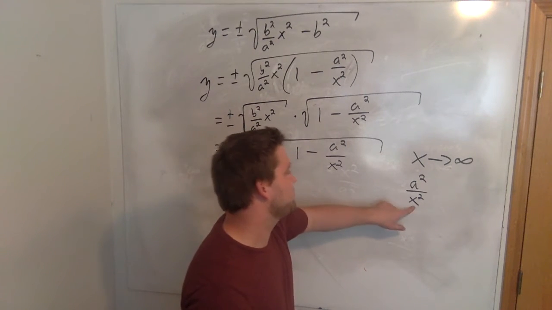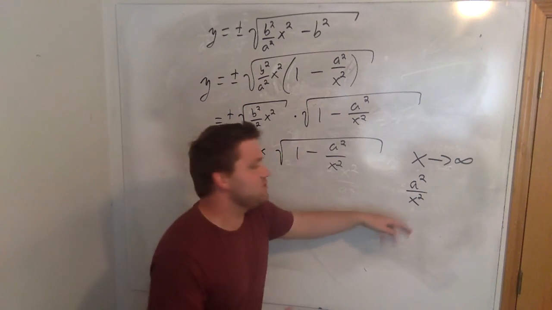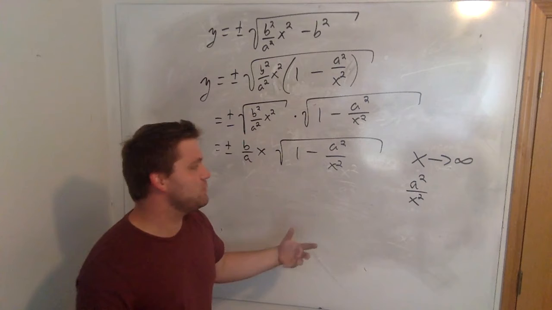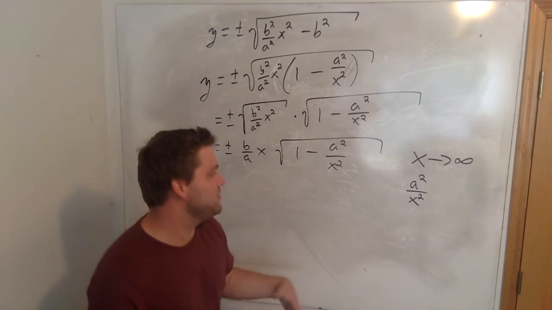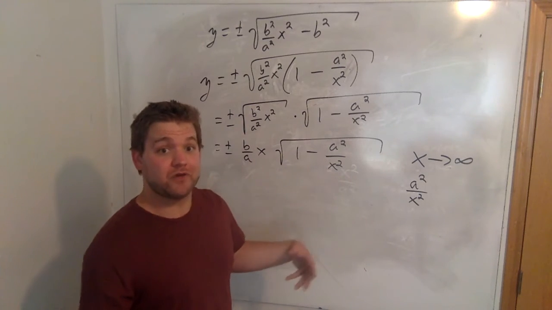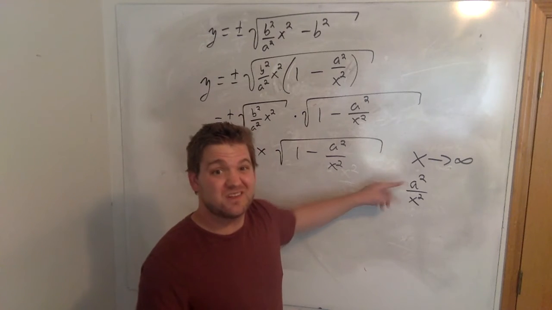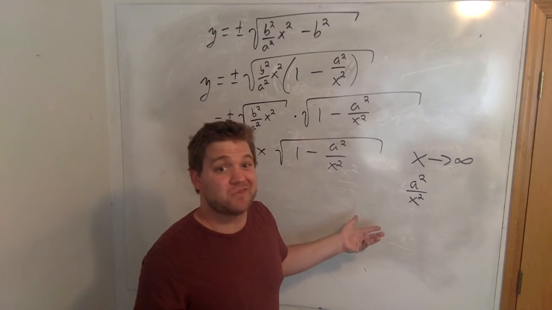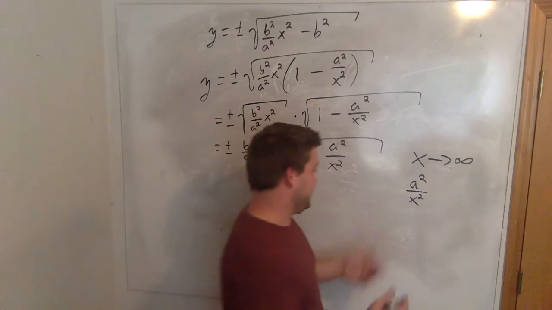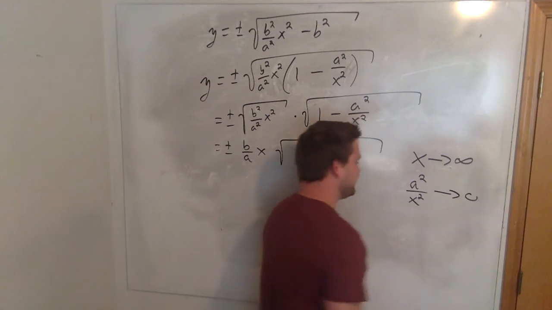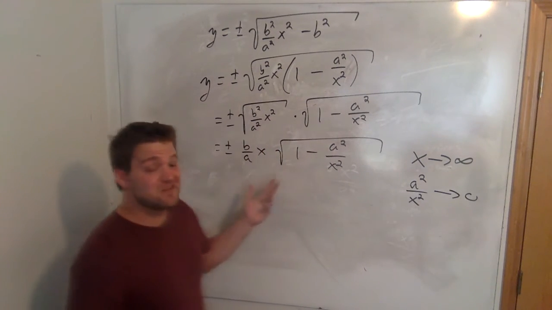If x is really big, you're cutting into 500 slices, 1 million slices, 1 billion slices, and you'd only be taking maybe 4 of those. If you cut a pizza into 1 billion slices and you're only taking 4 of them, you might as well have no pizza. This is getting closer to 0. As the denominator gets really, really big and the numerator stays the same, this thing approaches 0.